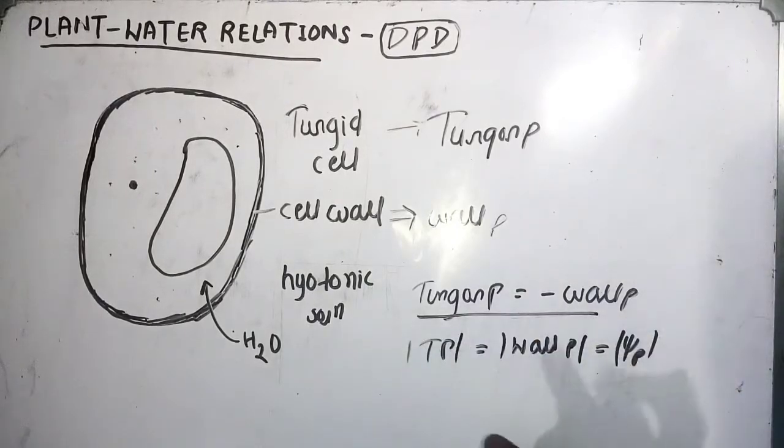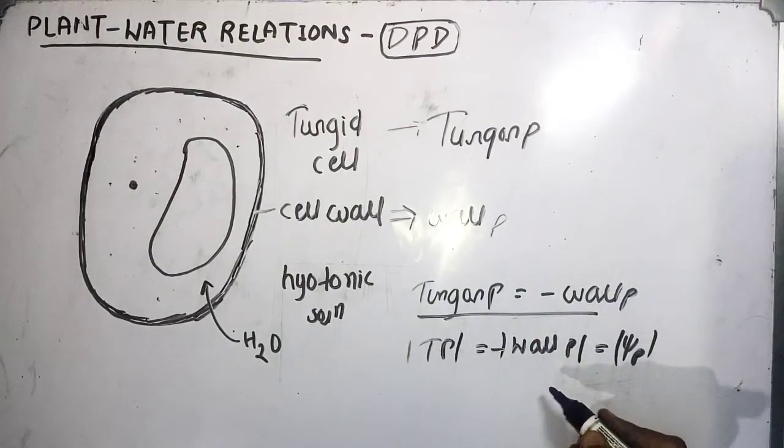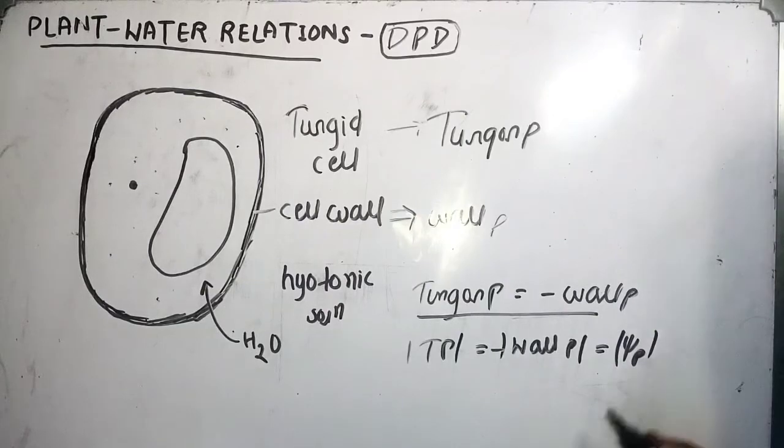This is more important. We can also add the sign, and not just the magnitude. And this turgor pressure, what is it trying to do? This cell is trying to get rid of water.